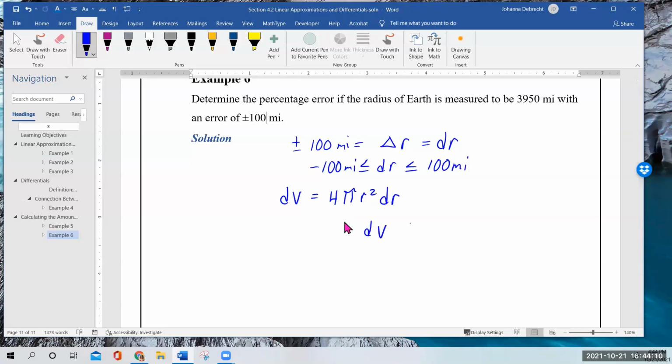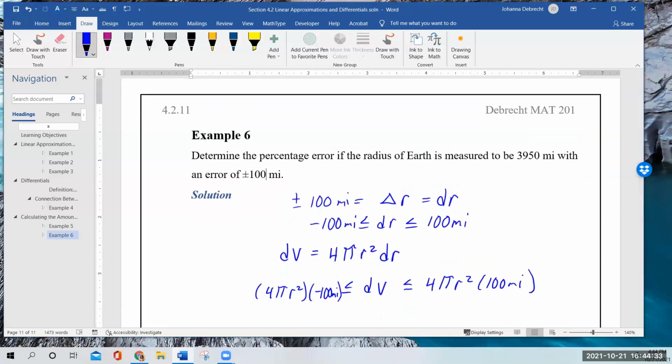So we have dV less than or equal to 4 pi r squared times the 100 miles on the upper end and greater than or equal to the 4 pi r squared with the negative 100 miles on the lower end. Now what do we need to do next?